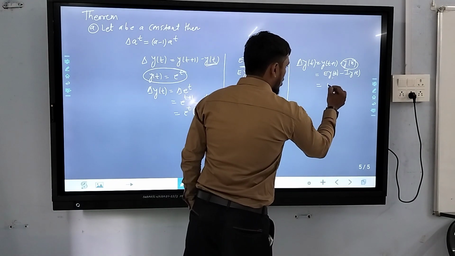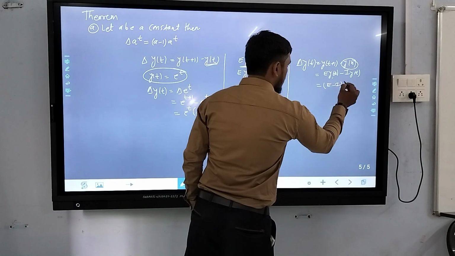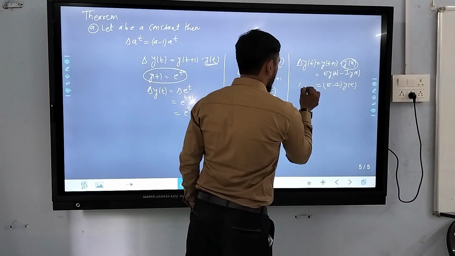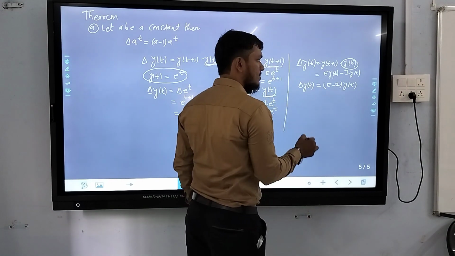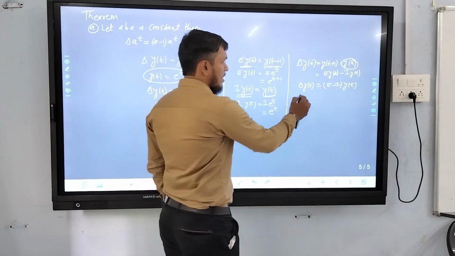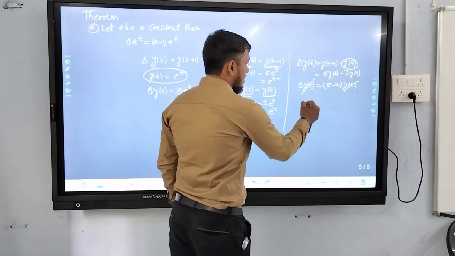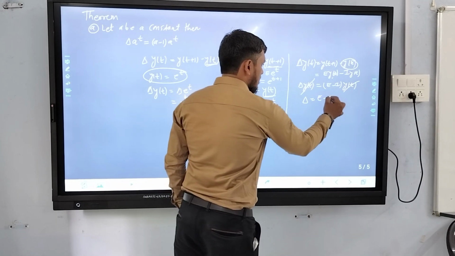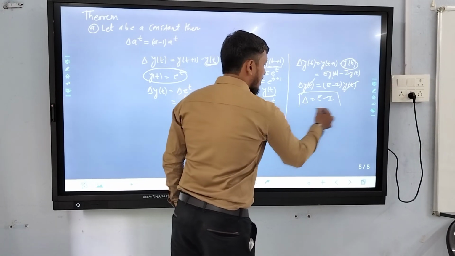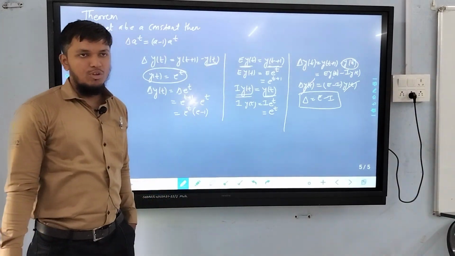You can take y of t common, so (E minus I) y of t, and on the left hand side it is delta y of t. If you cancel y of t with y of t, then we get delta is equal to E minus I. This is the relation between the difference operator and the shift operator.